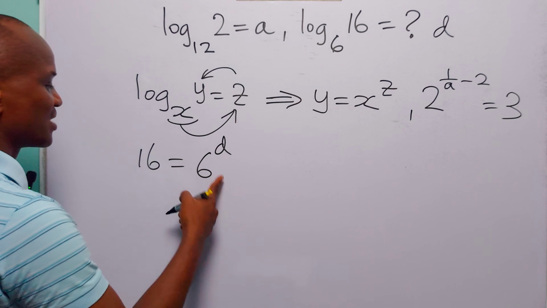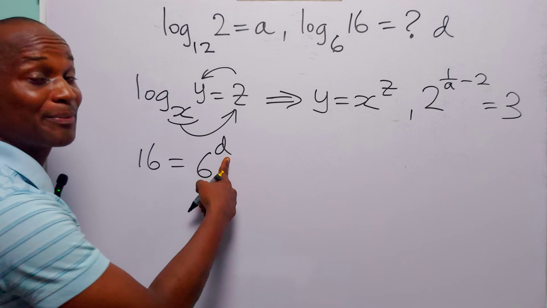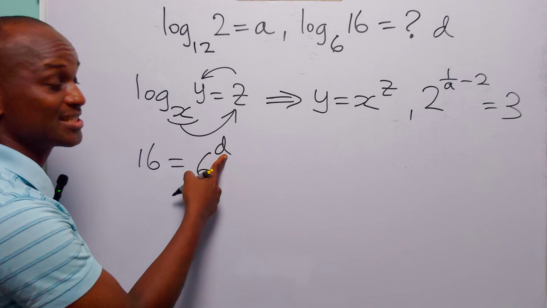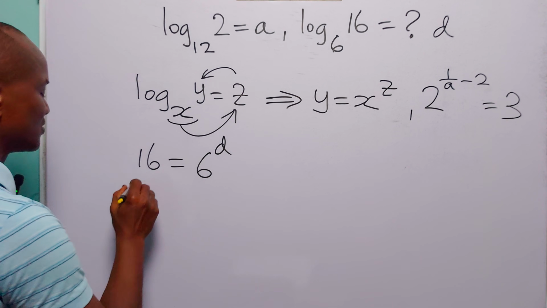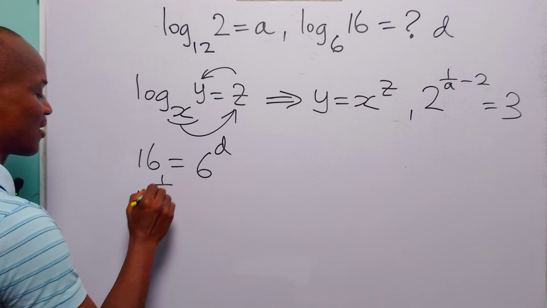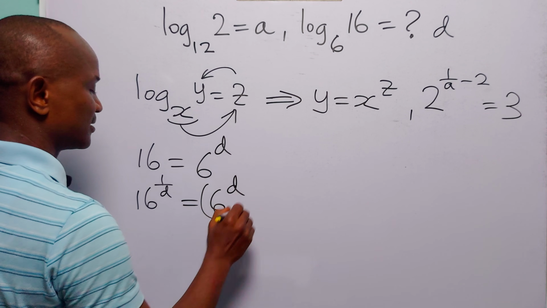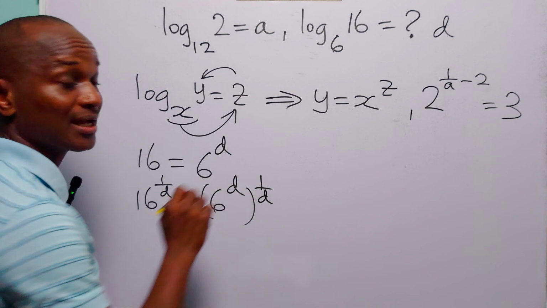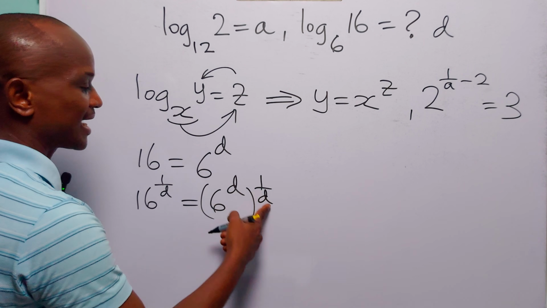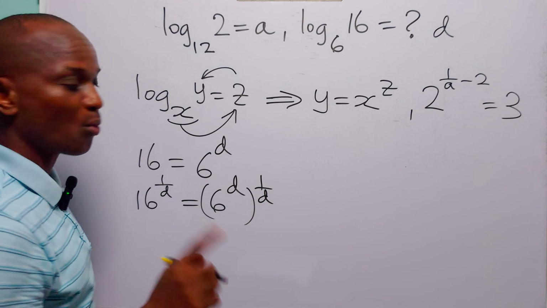Once more, let us raise both sides of this equation to the power 1 over d. That is the reciprocal of this. When we do that, we have that 16 to the power 1 over d is equal to 6 to the power d to the power 1 over d. Of course, d times 1 over d is equal to 1.